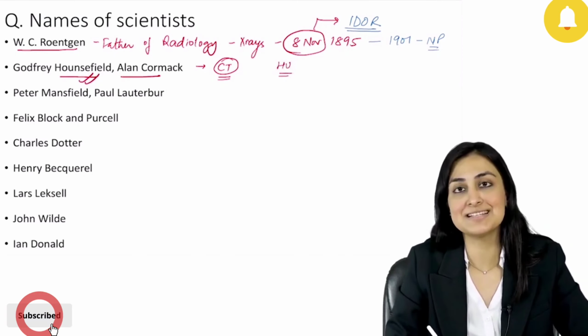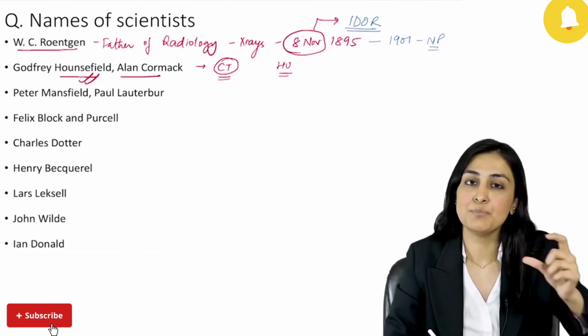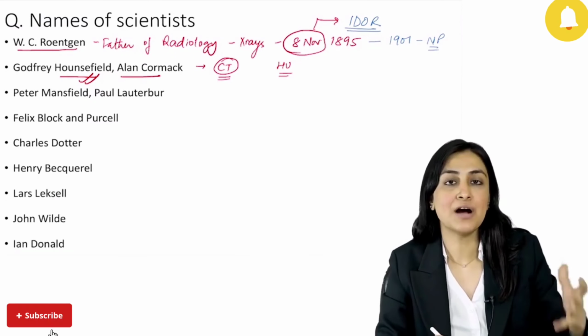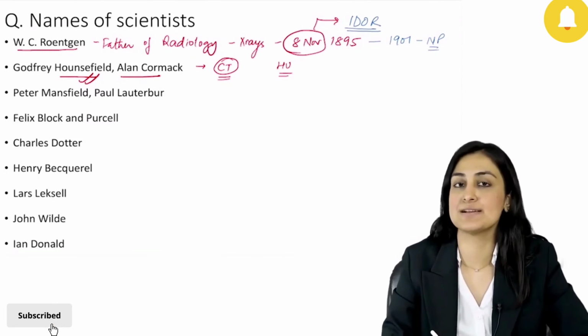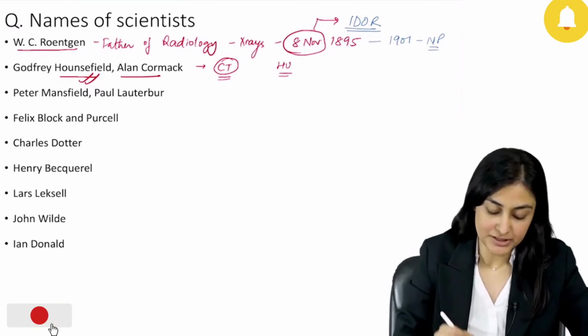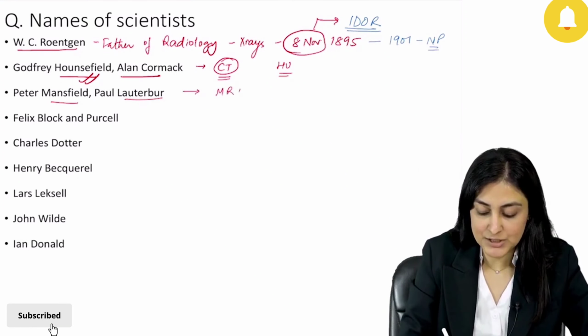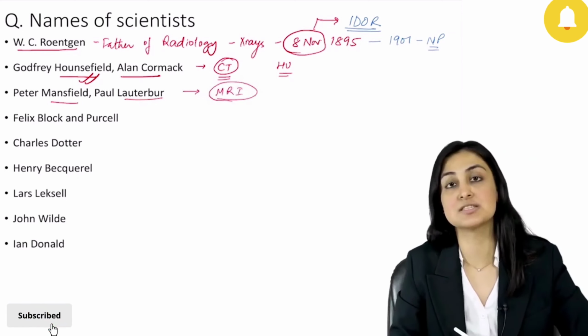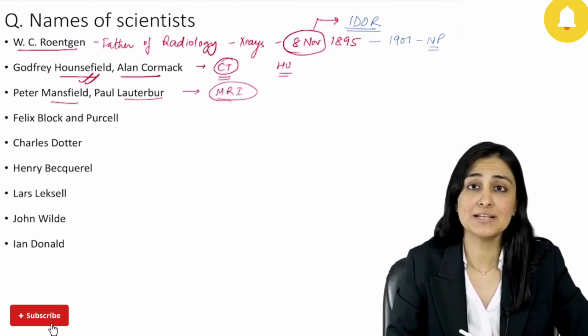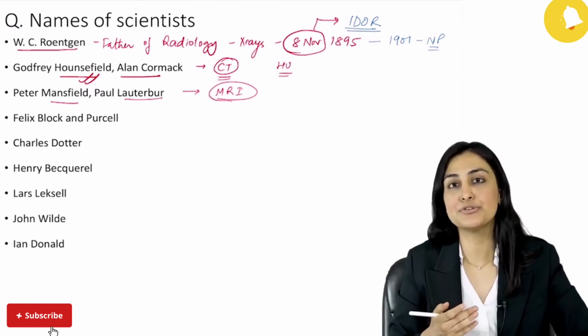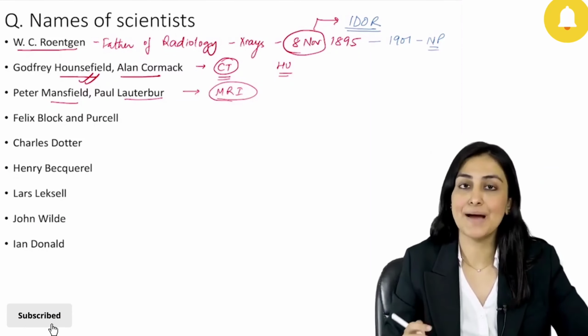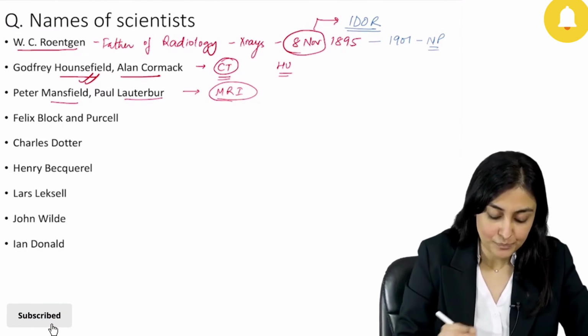So you must have read this Hounsfield unit, which is the number that we give to the density of how black or how white something is. That is referred to as Hounsfield unit. Peter Mansfield and Paul Lauterbur discovered MRI, alright. So they discovered magnetic resonance imaging, which doesn't use any ionizing radiation. It uses radio frequency waves and a large magnetic field, okay.